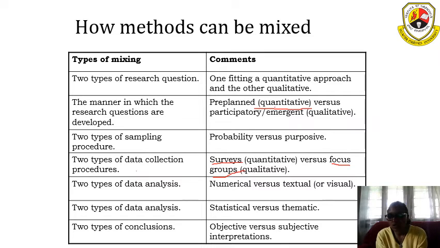If it's numerical, normally it is analyzed using statistical outputs like graphs and percentages and so on and so forth. When you have themes, that is largely qualitative, themes developing out. So that's where somebody uses mixed methods. Then finally, when you have two types of conclusions, objective, that is quantitative, and subjective, that is qualitative.